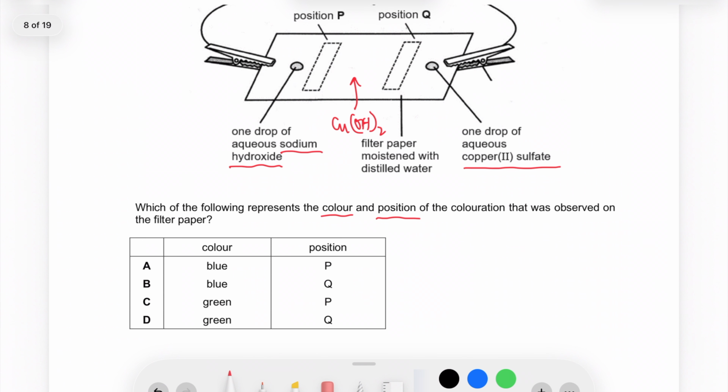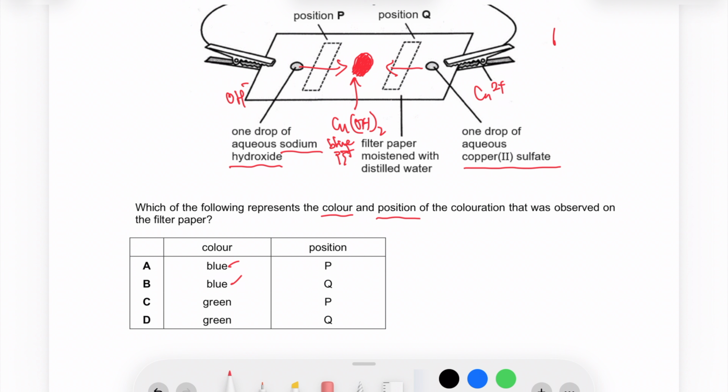So this will move in this direction and this will move in this direction, so they will meet somewhere, ideally in the middle. One of them will move a bit faster, but at least we know it's copper(II) hydroxide, which is your blue ppt. This is under qualitative analysis, blue ppt. Next, to determine whether it's in region P or region Q, you have to see, because copper(II) ion and this will be OH minus, how fast they move.